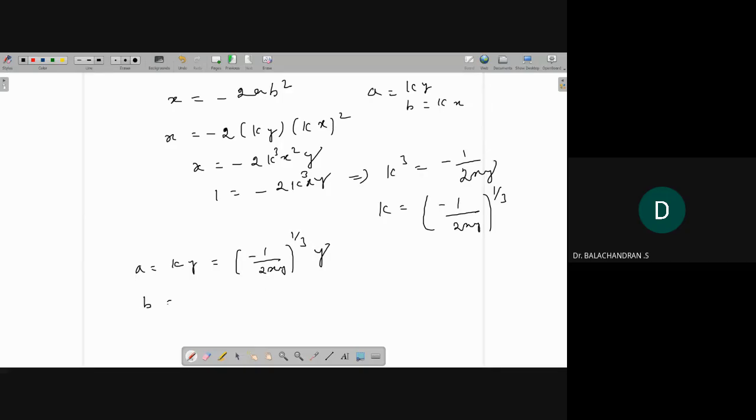Similarly, b equal to kx, k is minus 1 by 2xy whole power 1 by 3, into x. So we got the value of a and b. Now I'm going to substitute the value of a and b in equation number 2, that is the complete solution. Okay, what is the complete solution? I will write in the next page.